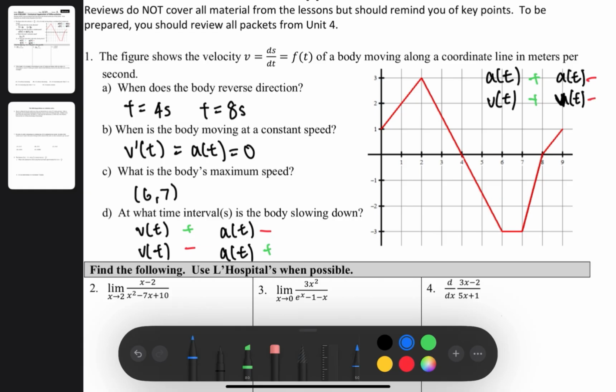We want to find when it switches from positive to negative, and the same thing for velocity. So let's do that really quick.